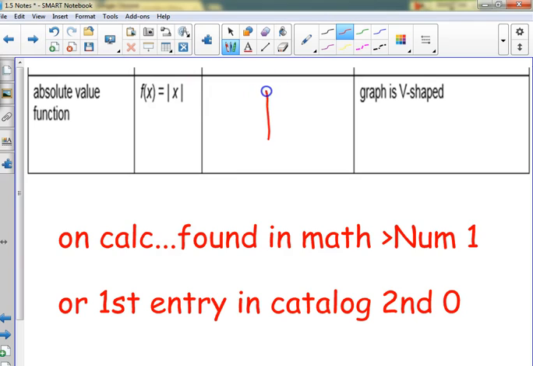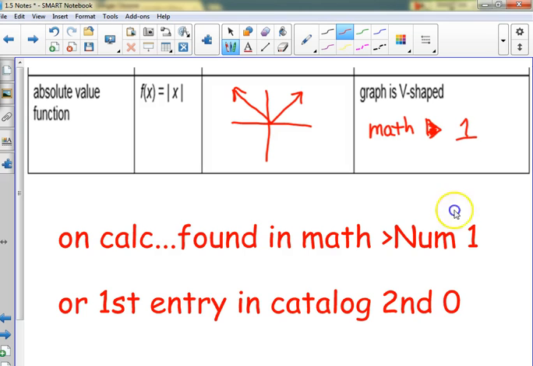All right, absolute value function. I don't know if this is a good spot for you to put it in your notes, but if you want this on your calculator, you go to the math menu and then you arrow to the right once, and it's number 1 in that screen.